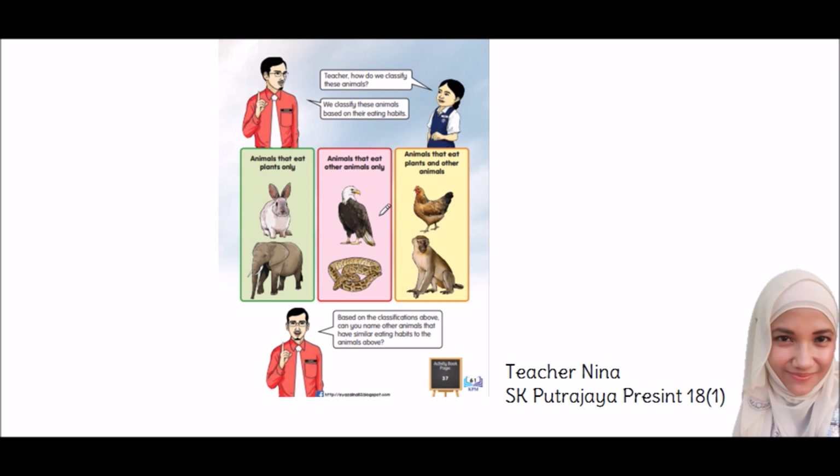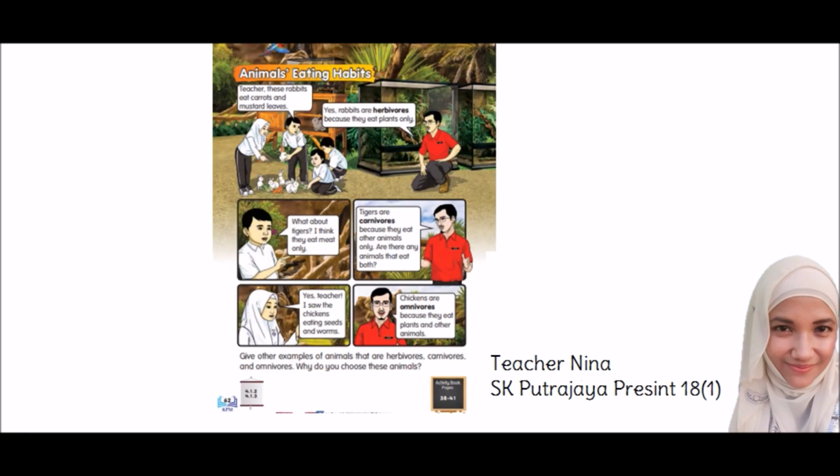Can you think of a few? Now, what about the animals that eat plants and other animals? What animals can you think of? Name them. Excellent! Now let's look at the next page.